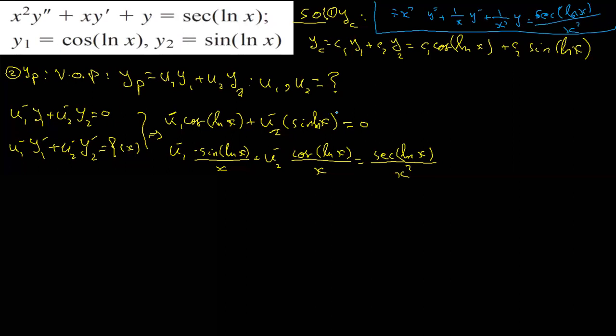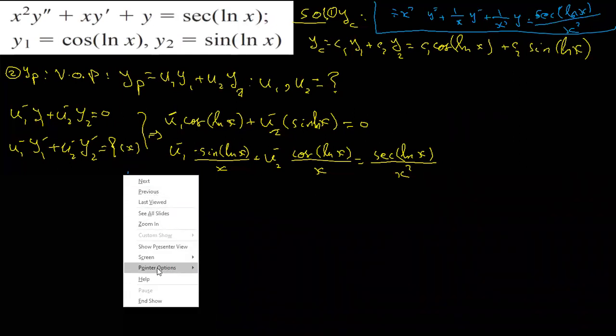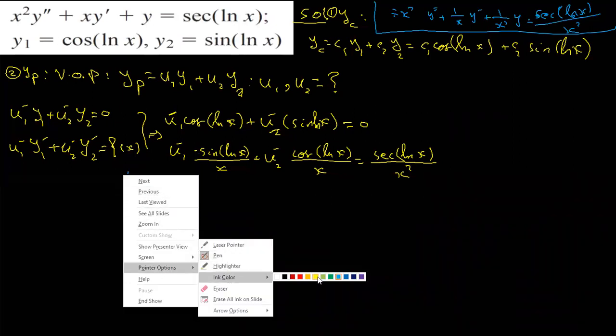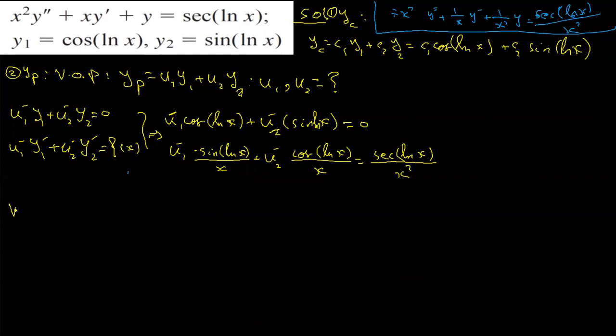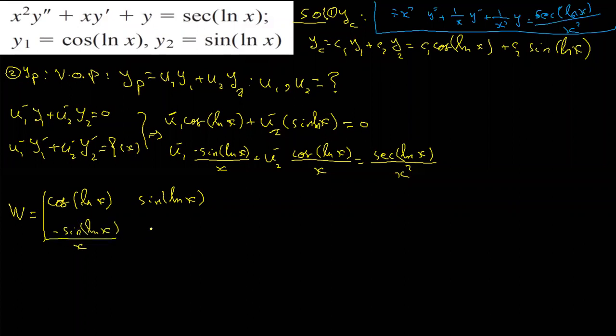Okay, is it clear now? Let me go back to the yellow now, and I'm going to find the Wronskian determinant. W equals: I have cosine ln x, sine ln x, and here negative sine ln x all over x, and cosine ln x over x.